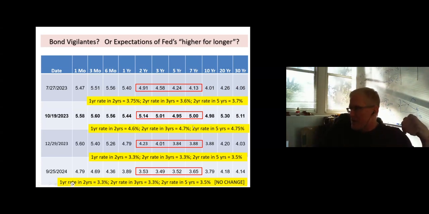Now, this is interesting because they definitely had the Fed in October raising rates. So look what's going on here. July 2023, pretty fairly comparable. 2 year rate in 3 years, 2 year rate in 5 years, 3.6, 3.7. We're at 3.3, 3.5. Some of that's because we are about 5 months different here, so there might be a little bit of a difference with the Fed being expected to keep rates high over that period.